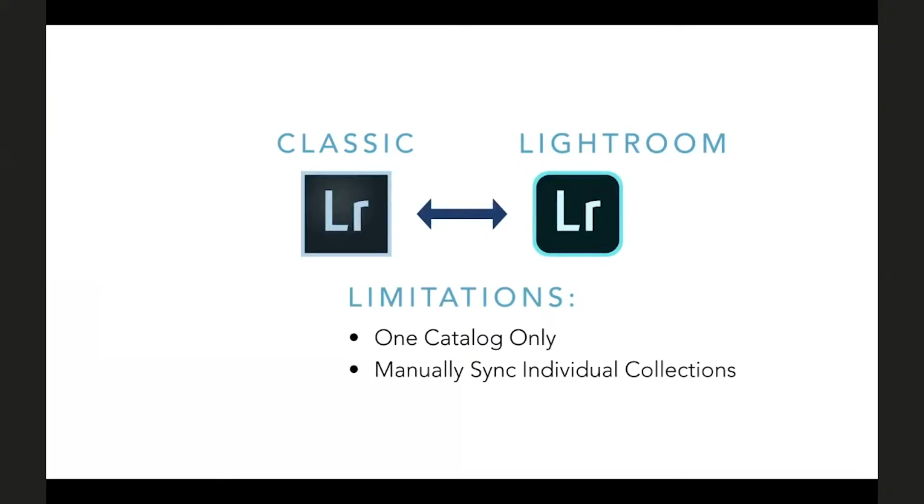What you can do is put all of those photos from the shoot into a collection, sync that with Lightroom on your phone, and then have those images accessible on your phone so that while you're traveling, you can go through and do the culling and flagging and stuff, whatever you want to do. So that's a good use of that Classic to Lightroom sync.